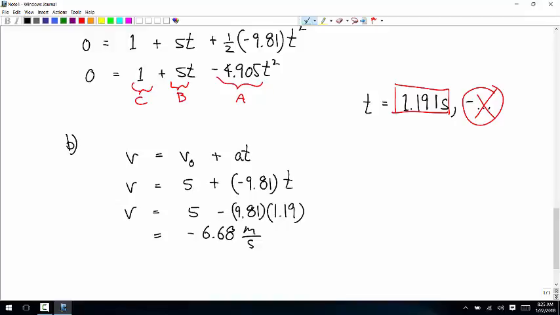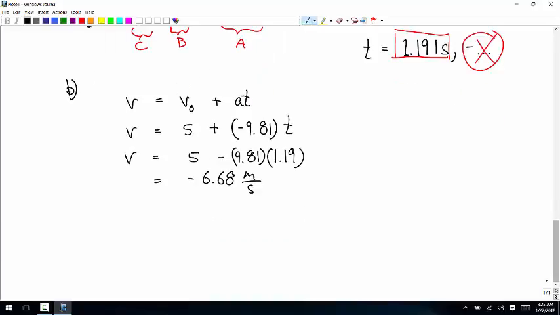So you could come up with these equations, but when you're using these equations for constant acceleration, this is sort of an approach for using them.